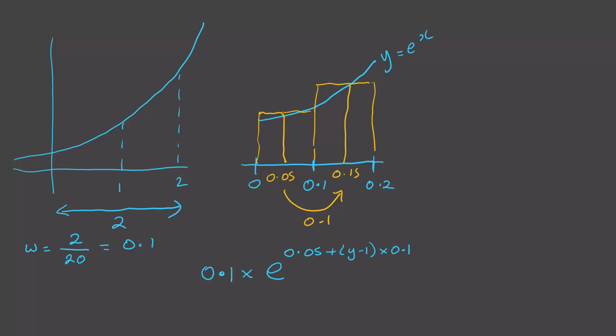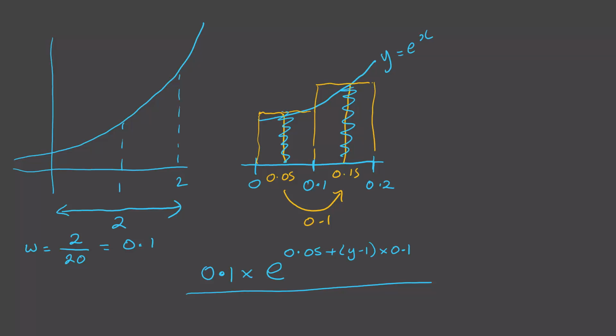That's going to give us the various heights. So when y is 1 for the first rectangle, we get just e to the 0.05, which is this height. And then when y is 2, we'd get 0.05 plus 0.1, 0.15, giving us the height of this one, and then multiplied by the width. So something equivalent to that. You might not have come up with exactly that.